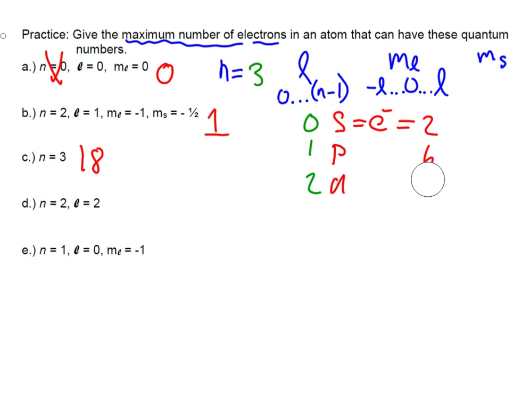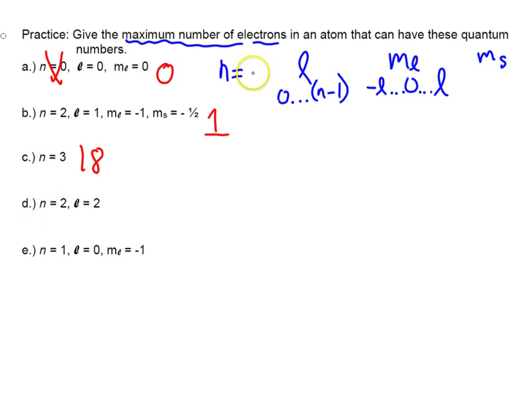So go ahead and pause, solve D and E on your own, and then press play for my answer. For D, n of 2, you would get L's of 0 to 1, which means your L is invalid. 0 electrons here.